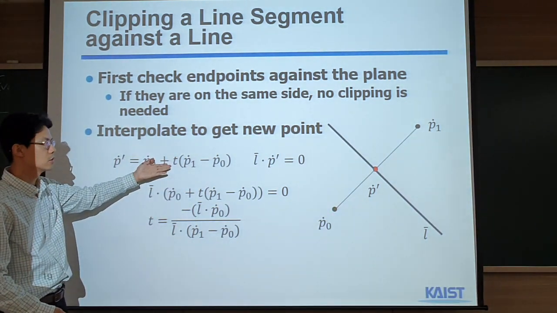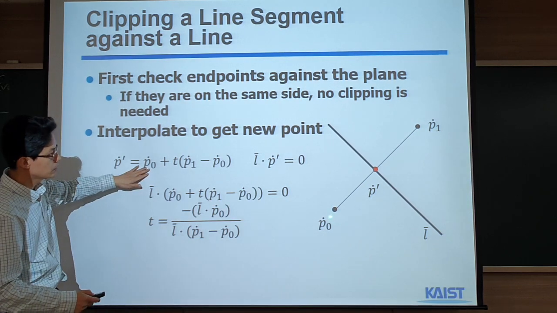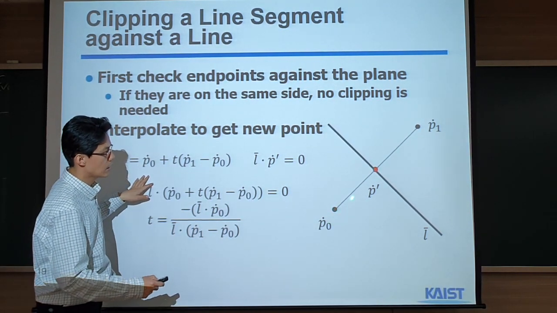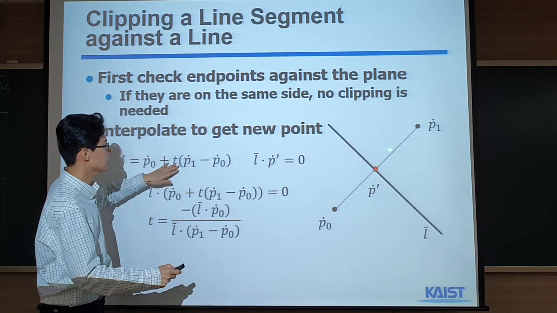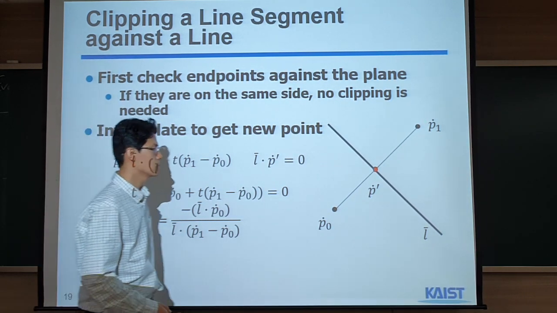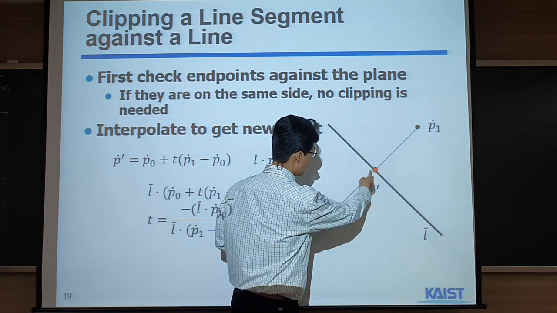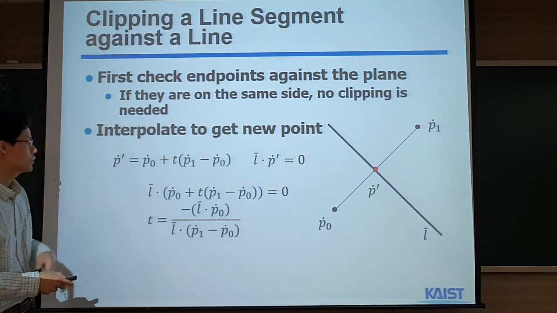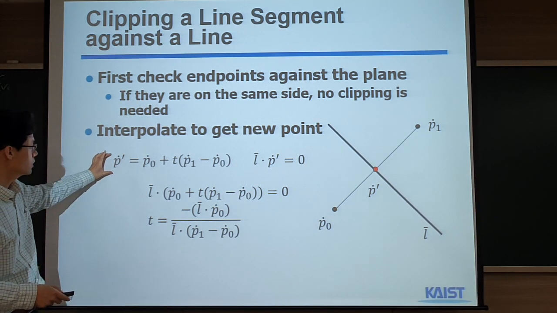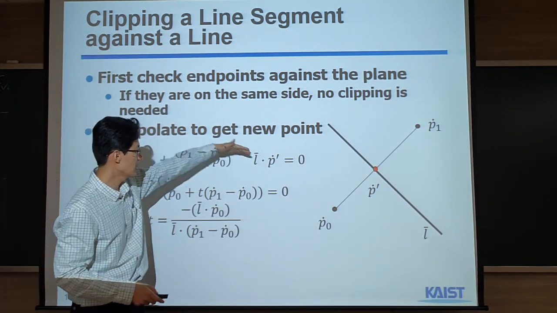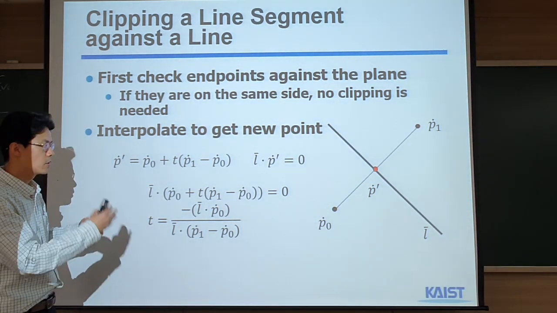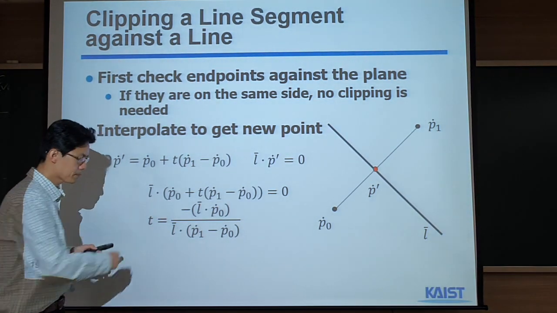This is just a linear interpolation starting from P0, computing the vector, and interpolating it. We represent any point here with the parameter t. If you plug this P prime into the line equation L, it should be 0, right? As a result, if you plug in this P prime equation, you get this equation. And if you do some reformulation, you can compute t, right?